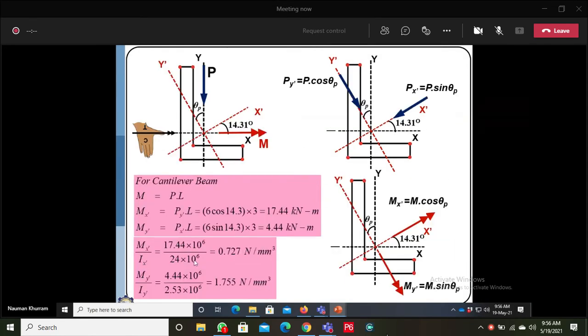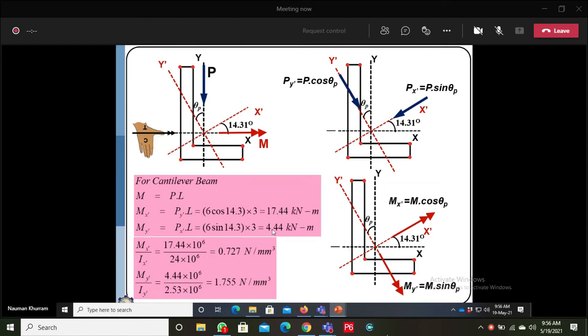After substituting the values, the ratio between the applied moment about the x principal axis and the corresponding geometric resistance about the x principal axis is 0.727. The moment of inertia is the geometric resistance against rotation, that is, against the applied bending moment. Similarly, you may compute My bar over Iy bar.